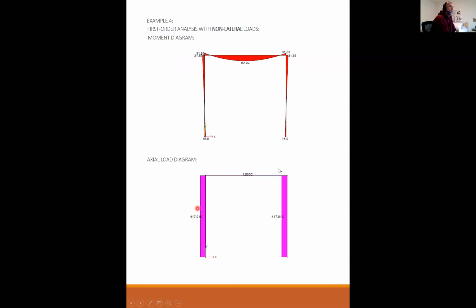Axial load on this column, axial load on that column. We're adding up the whole story. If you had a fairly large building, that could be tens or hundreds of columns that you're adding up. You're just adding up the sum for the whole story. This is a really simple bent frame, so it's just 2 columns. Okay, so the sum of that is 834 kips.